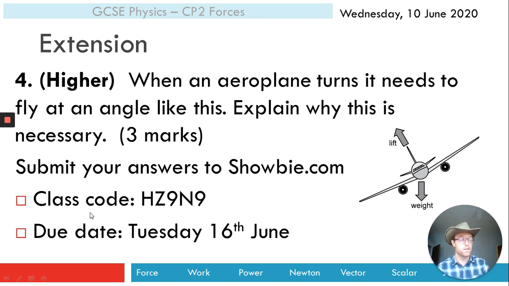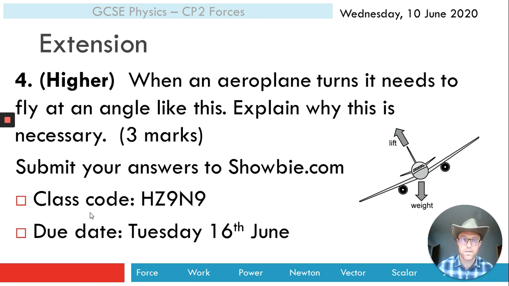Question 4 then, and this is just as an extension task for higher or triple students. We haven't gone over this explicitly, this example. It's about changing direction. It's about changing velocity, changing direction, which, remember, if something is going at a constant speed but changing direction, it is in fact accelerating.